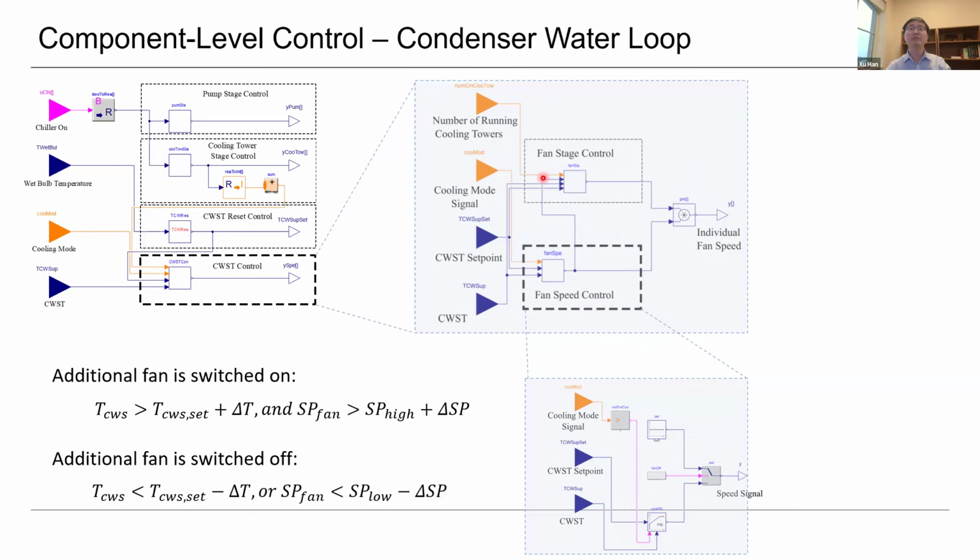And basically they have the fan staging control, they have the fan speed control. And if you further open the fan speed control, essentially this is a PID control, right? They basically take the signal of the condenser water supply temperature and their set point, take these two signals, right? And the PID controller generates the control signal, okay, to control the fan speed.